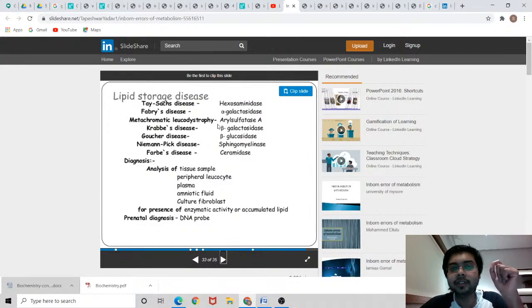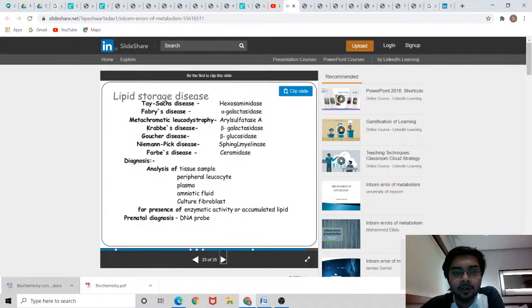Metachromatic leukodystrophy is arylsulfatase A. Krabbe's disease, beta galactosidase. Gaucher's disease, beta glucosidase. Niemann-Pick is sphingomyelinase. See the name Niemann-Pick, something with neurons and also sphingomyelinase. Farber's disease is ceramidase.